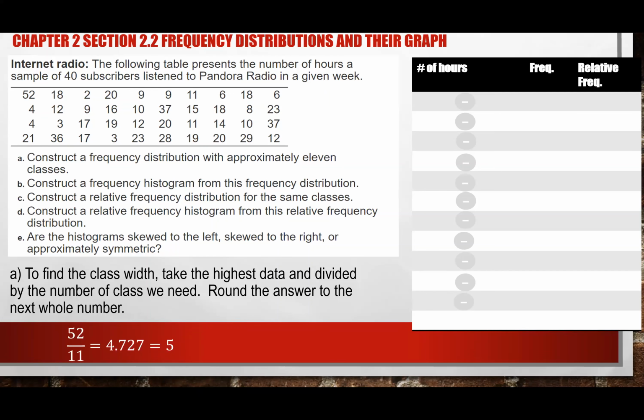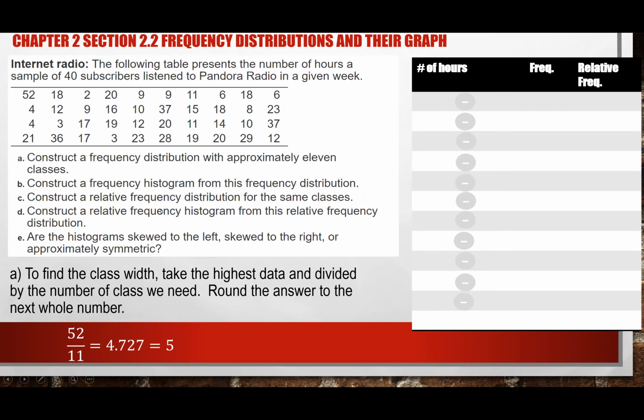Anytime we deal with discrete data, reminder, discrete data is counting data, 1, 2, 3, 4, 5, 6, you always go up to the next whole number. And we don't hold the usual rounding rule. Even if it's 4.1, you still go up to 5. We want to overestimate rather than underestimate.